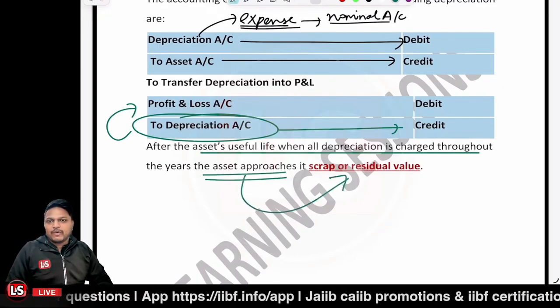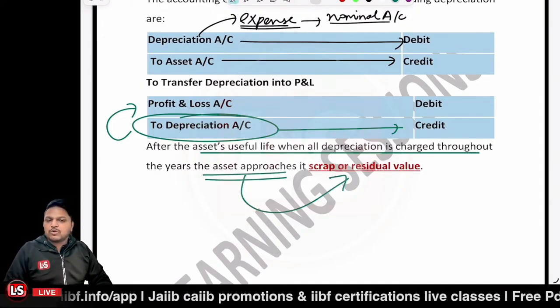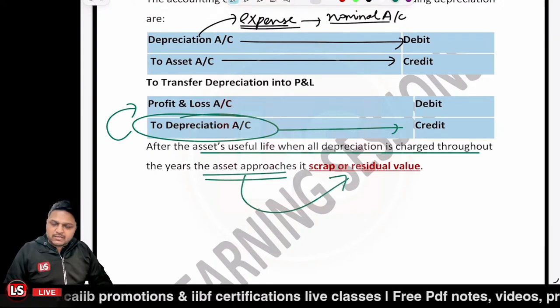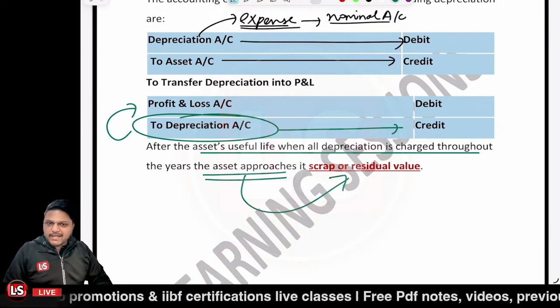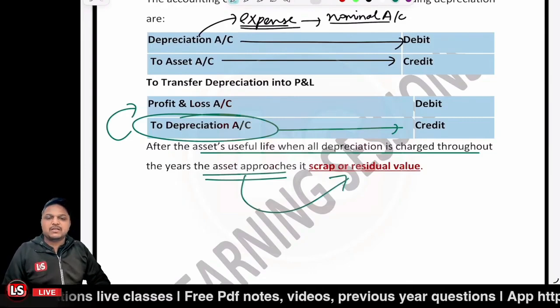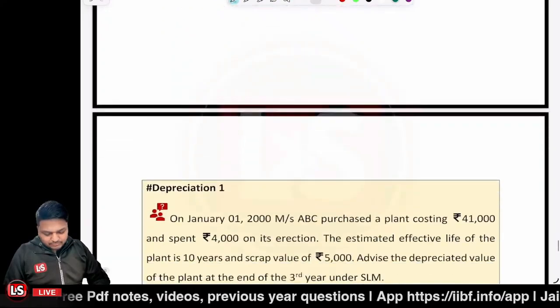So whenever a depreciation is charged, the asset account is to be credited and the depreciation account is to be debited. And when the accounting period ends, the depreciation account is to be credited and the profit and loss account is to be debited. These are the journal entries for the depreciation.